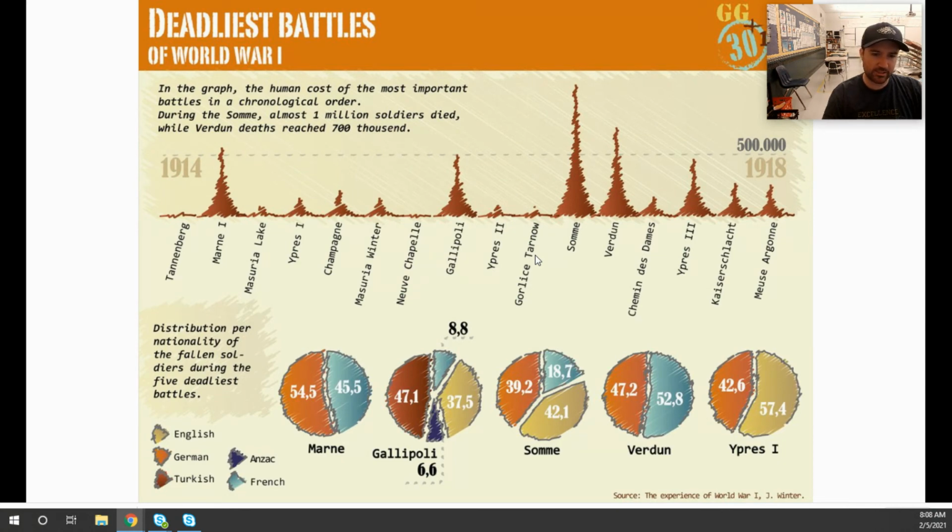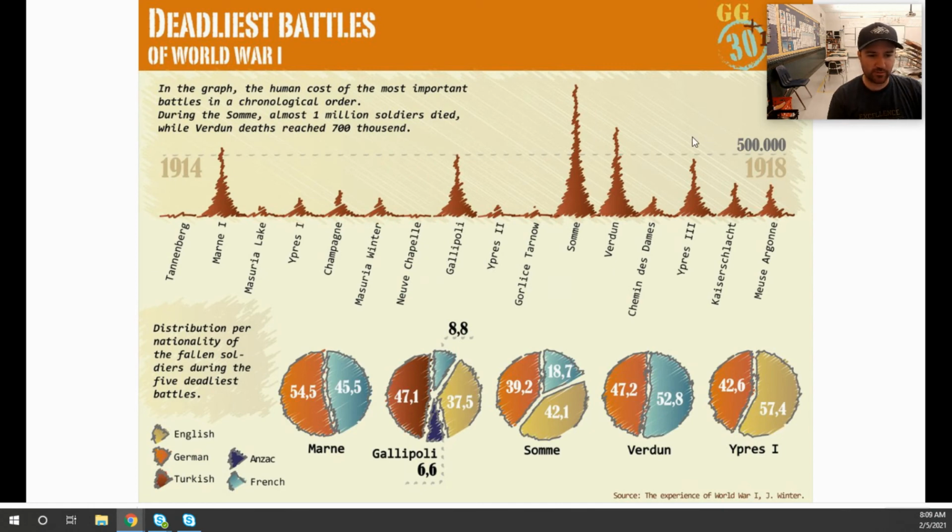Here's a good graph of the deadliest battles in World War I. You can see that some of them, like the Marne, were right at the beginning of the war. It led to more than 500,000 people dying. Gallipoli was a very long campaign, about 6 months, on the Anatolia peninsula, where modern day Turkey is, to try to capture access to the Black Sea, and it leads to a large amount of deaths.